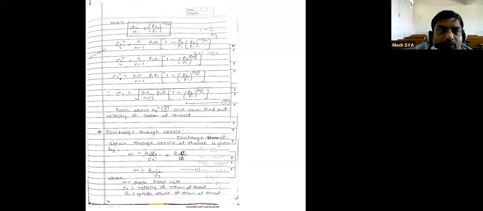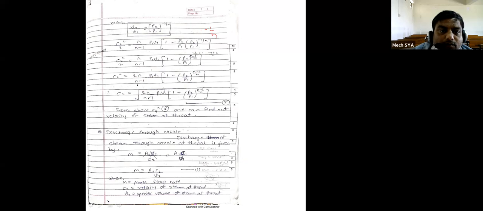Therefore, C2 is equal to the square root of 2 into n upon n minus 1 into P1 V1 into bracket 1 minus P2 upon P1 raised to n minus 1 upon n.